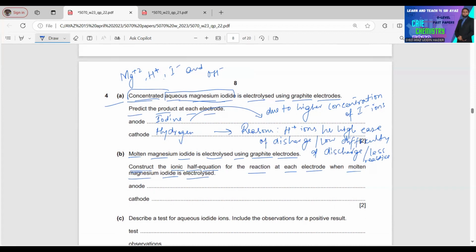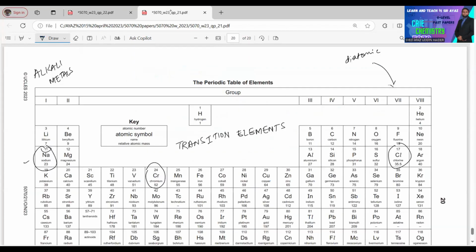Now here we have only magnesium iodide. So what is the formula of magnesium iodide? Magnesium iodide must be MgI2, because magnesium belongs to group 2, which carries a +2 charge, and iodine belongs to group 7, carrying a -1 charge.